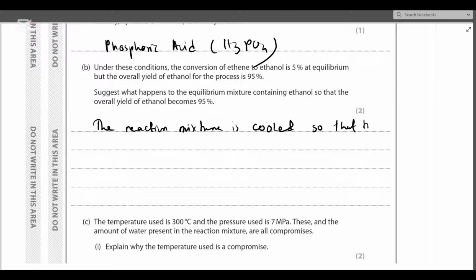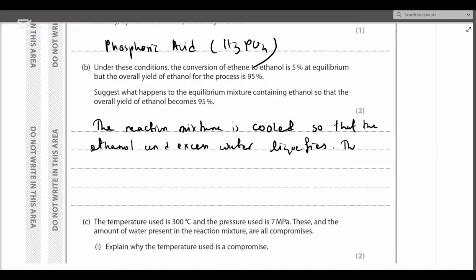So that the ethanol and excess water liquefies.